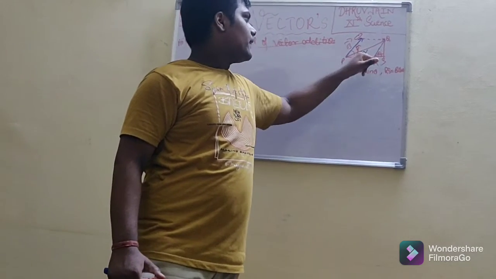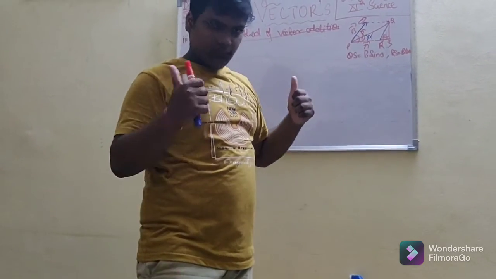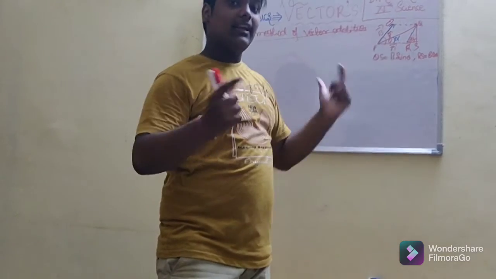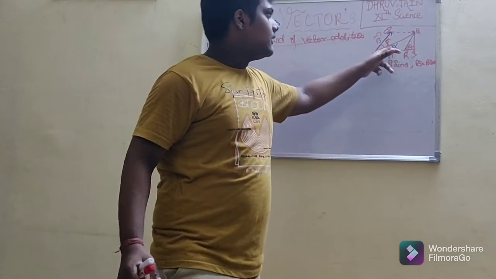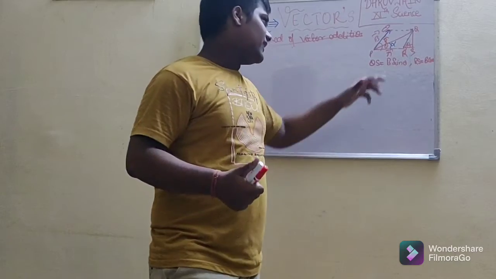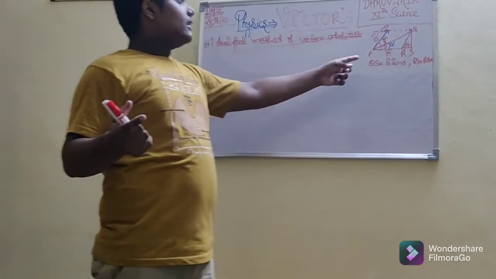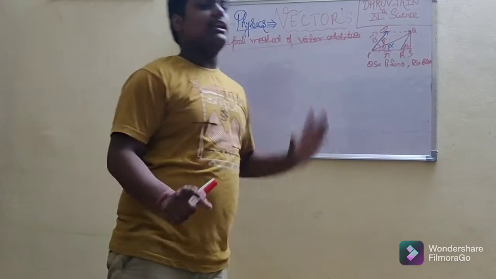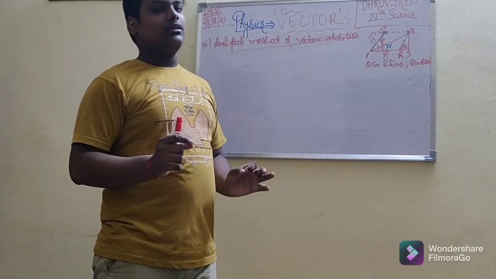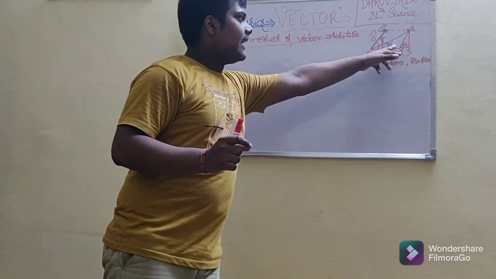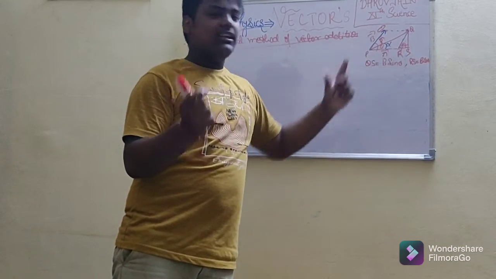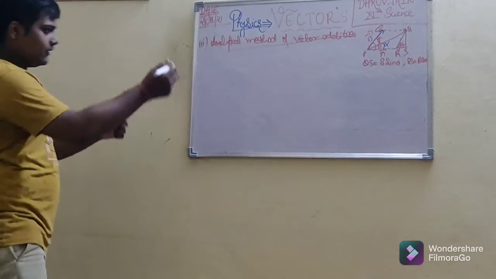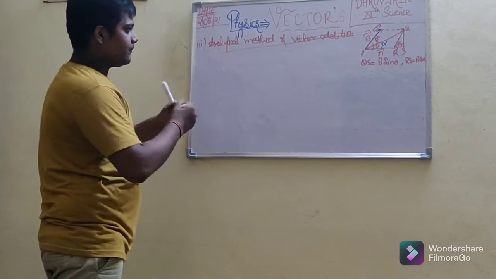Let us say for example the angle is 30 degrees, the value of alpha is 30 degrees. Then we will say that the resultant vector is 30 degrees from vector A. This is so important.